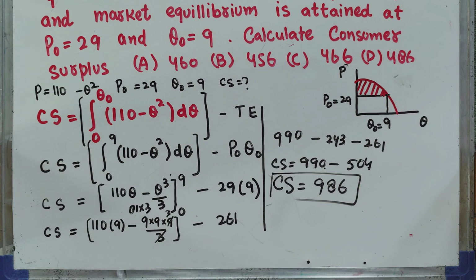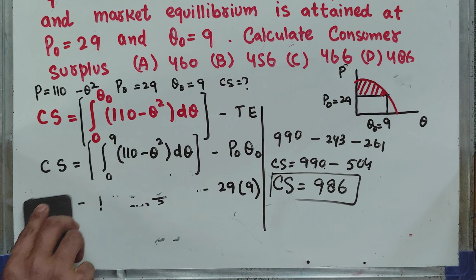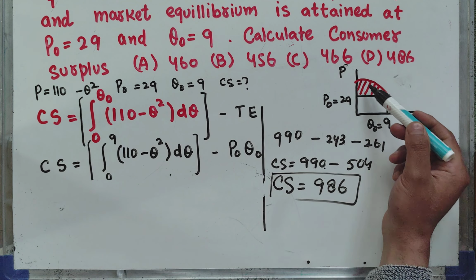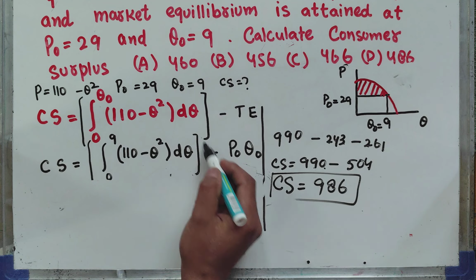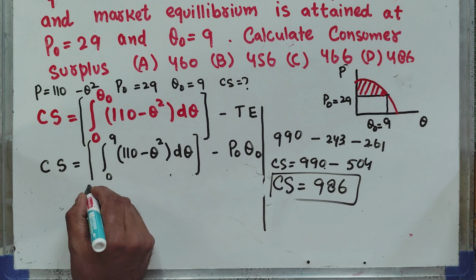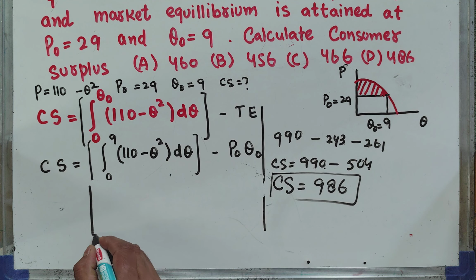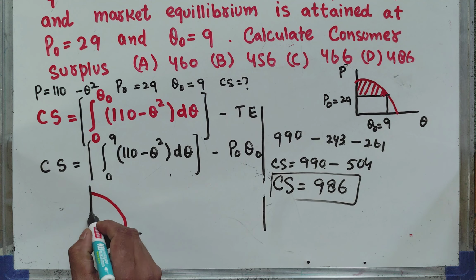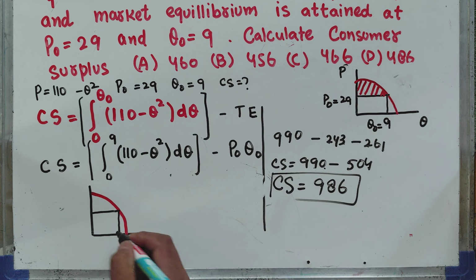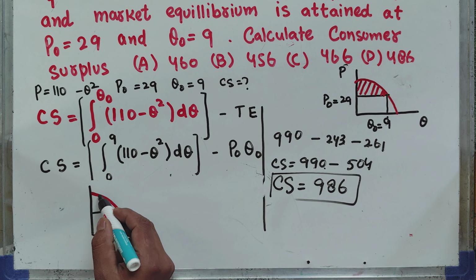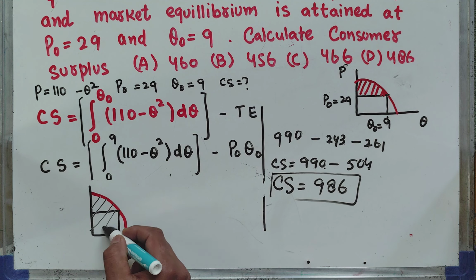Let me explain what this means graphically. Since we are supposed to find the area of this red region, this term shows us the area of this whole region up to Q. First we have this demand function, and we integrate it from 0 to 9, that is, first we find the area of this whole region.